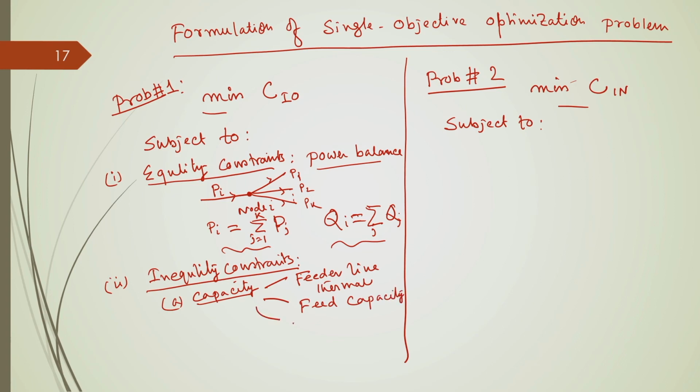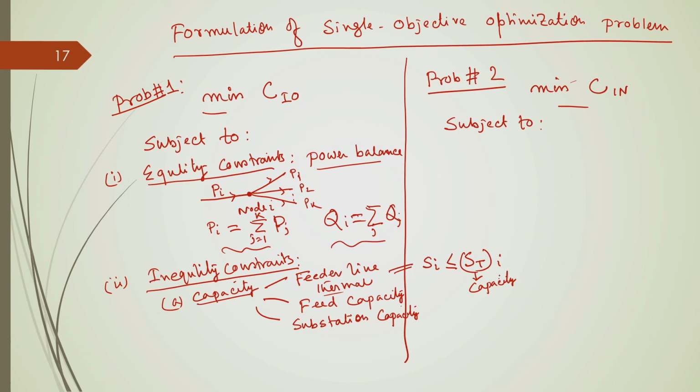Another is also there, that is called the substation capacity constraint. You can easily represent any particular feeder line constraint as its line flow. It is represented by, let us say, the apparent power S I should be lower than S T I, where S T I is basically the capacity. This is the capacity.